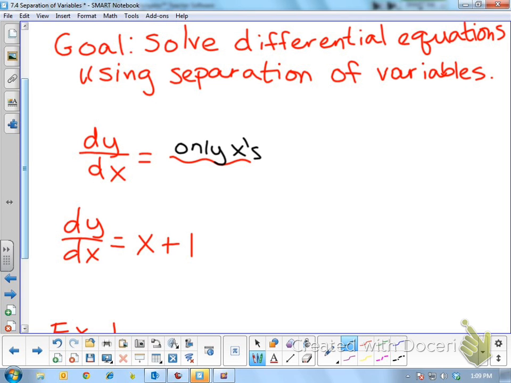Take the integral. So we didn't have to do anything before we took the integral. We just took the integral. That's the easy one.